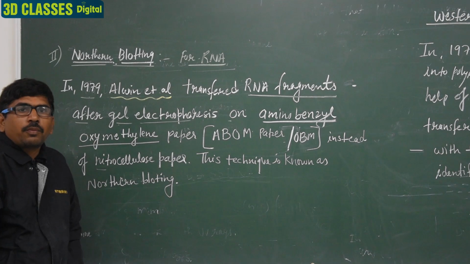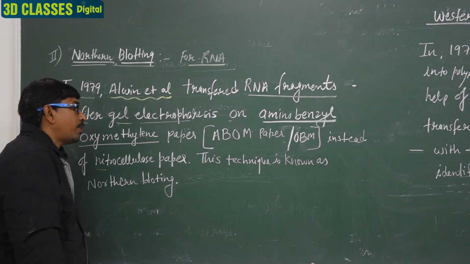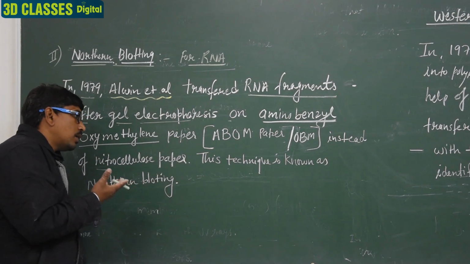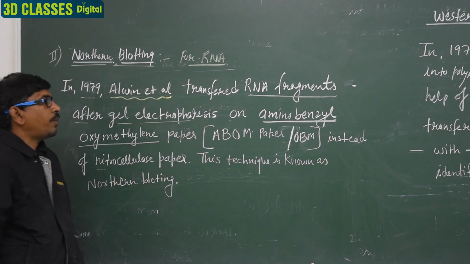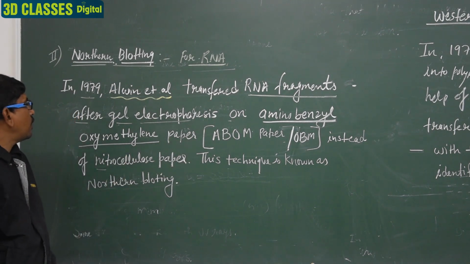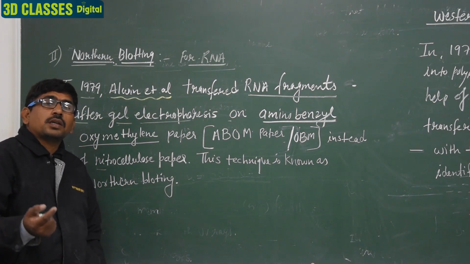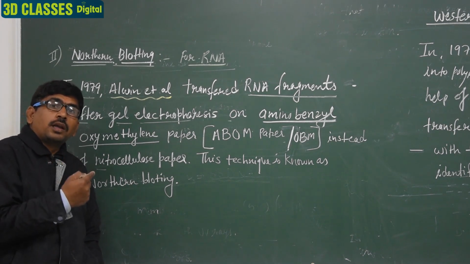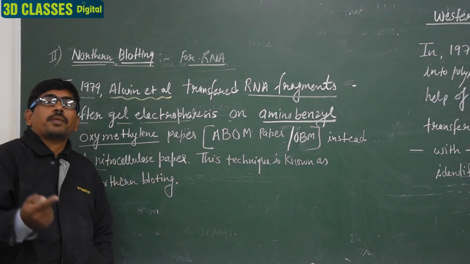Here the blotting membrane is changed, and the nitrocellulose membrane is replaced by aminobenzyloxymethyl paper. Previously, in southern blotting, we discussed nitrocellulose filter paper. In RNA, northern blotting utilizes aminobenzyloxymethyl paper.